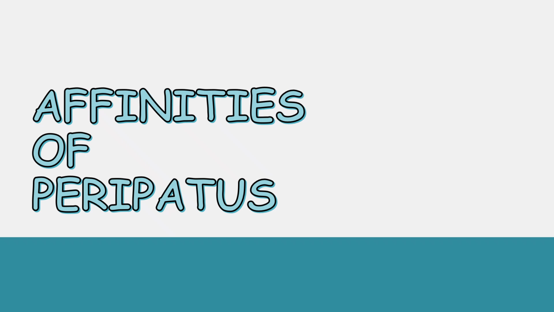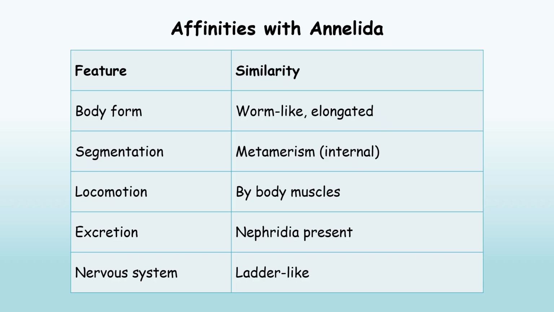That's why the Onychophoran species, that is Peripatus, have a few similarities with the previous phylum, phylum Annelida, and the next phylum that comes into the picture, phylum Arthropoda. So let's start with affinities with Annelida.